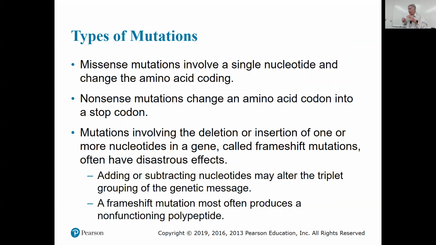If you have a nonsense mutation at like the 57th codon, then the protein is only going to be 56 amino acids long, because that 57th one was supposed to be like serine, but it converted into a stop codon. So now the protein is only 56 amino acids long when it should have been 100. So that could be a much more serious situation. But missense just involves a single nucleotide and changes the amino acid coding.